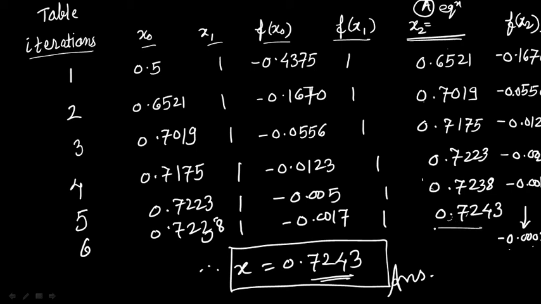Therefore this is the required result and its f of x value equal to minus 0.0002, that means this is approximately equal to 0. Therefore, our answer is real root x equal to 0.7243. In this way, we apply this method for transcendental equations also.